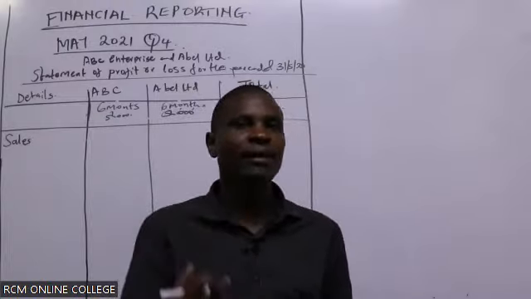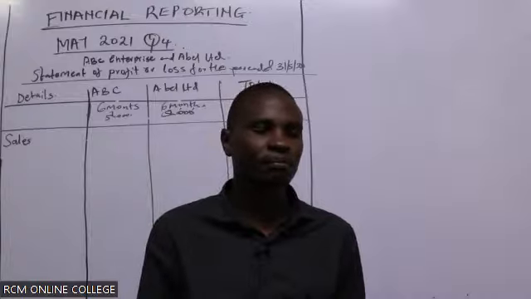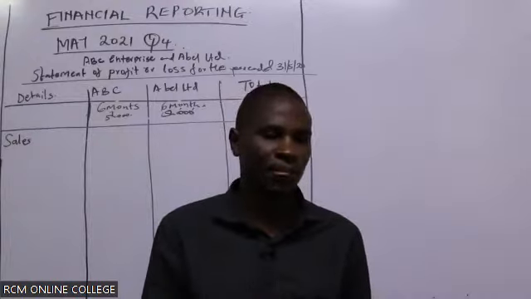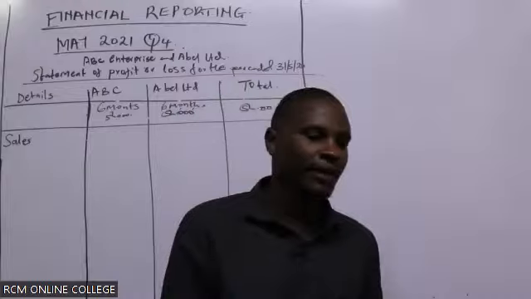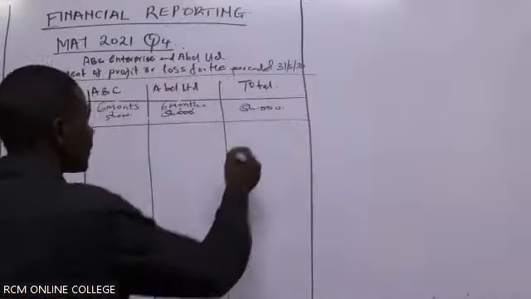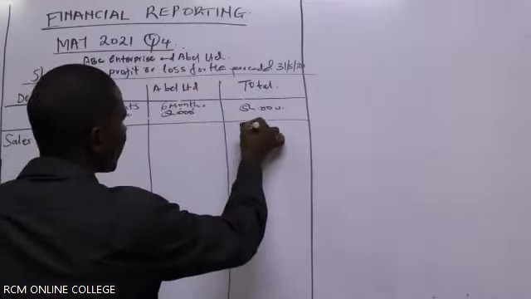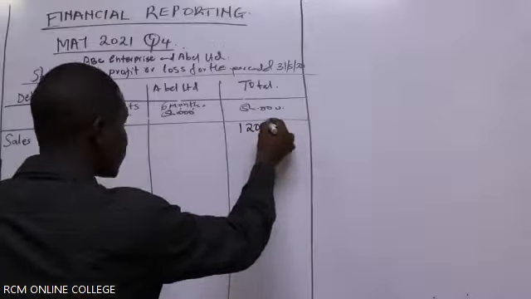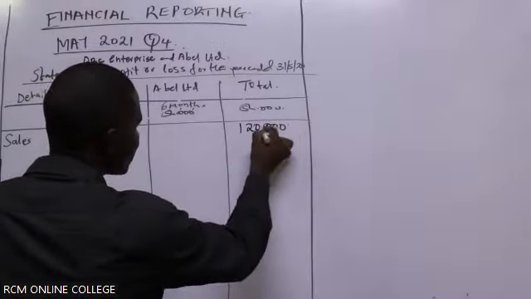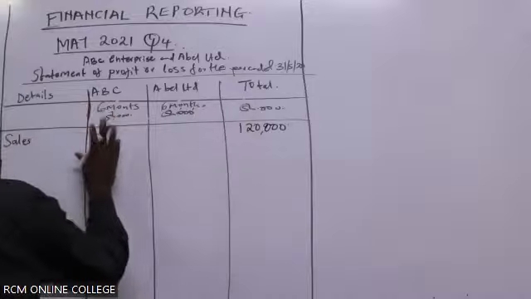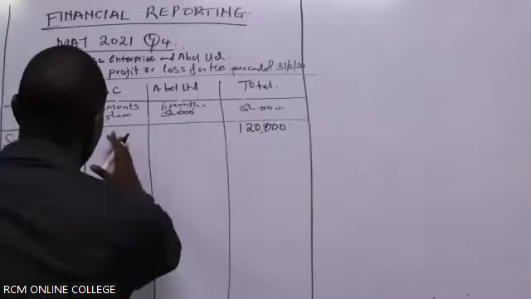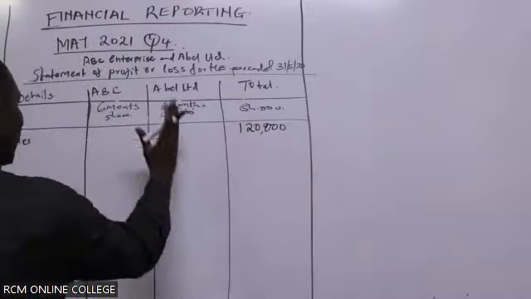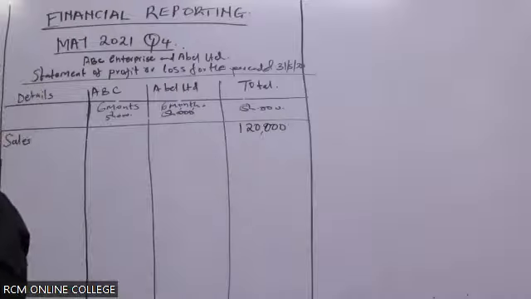The base sale or the total sales is 120,000. So this is the sale that we're going to allocate for ABC Enterprise and then ABEL Limited.